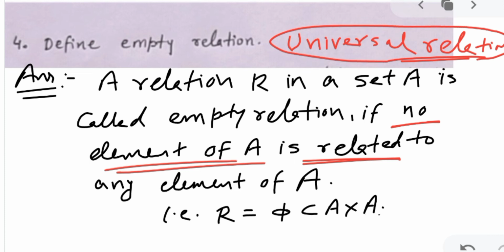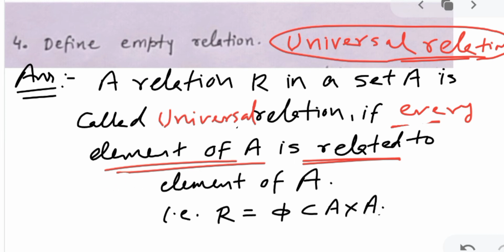So I am erasing this. You will write in the same way: a relation R in a set A is called a universal relation if, instead of no, you write every element of A is related to each element of A. Instead of no, you will write each, every, correct?